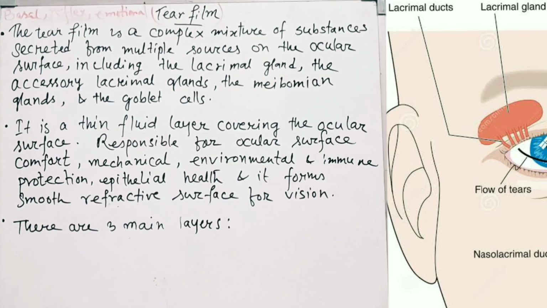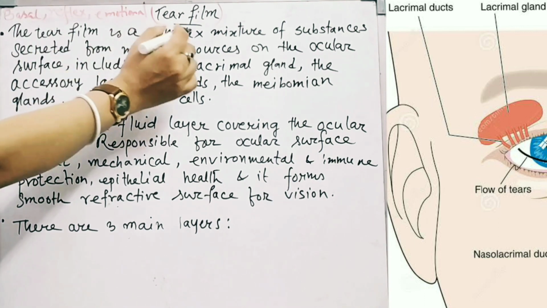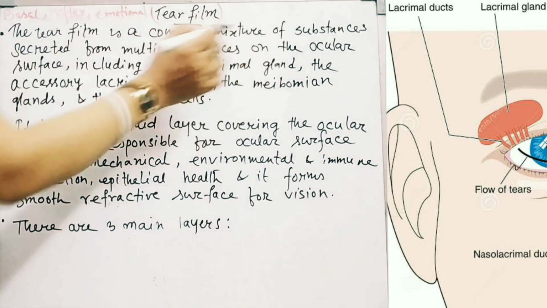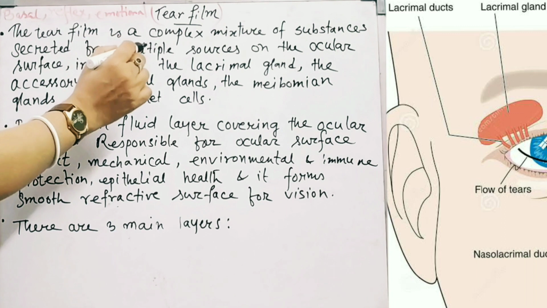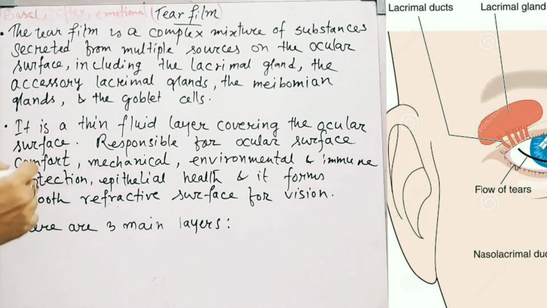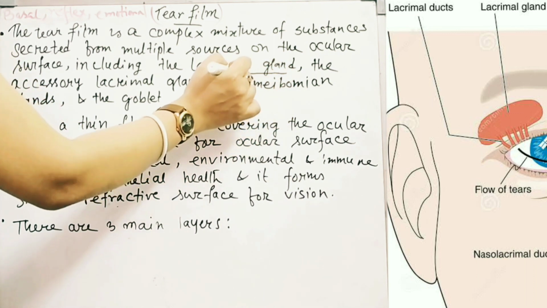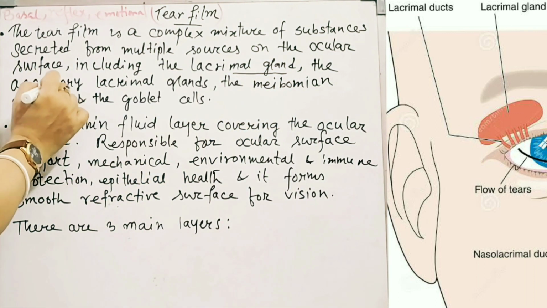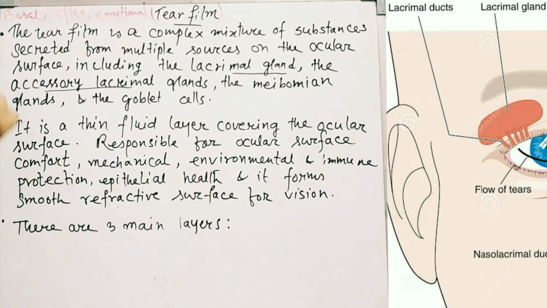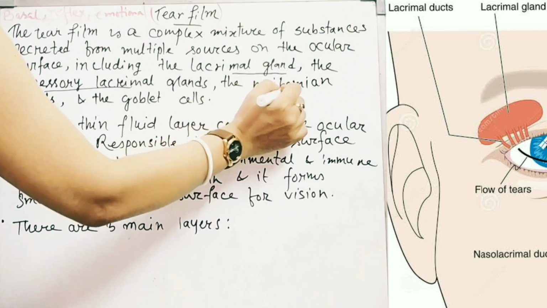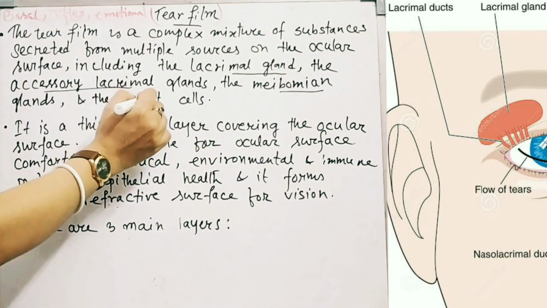So, the tear film is a complex mixture of substances which is secreted from multiple sources, including the lacrimal gland, which is very important, the accessory lacrimal glands, and Meibomian glands and goblet cells.